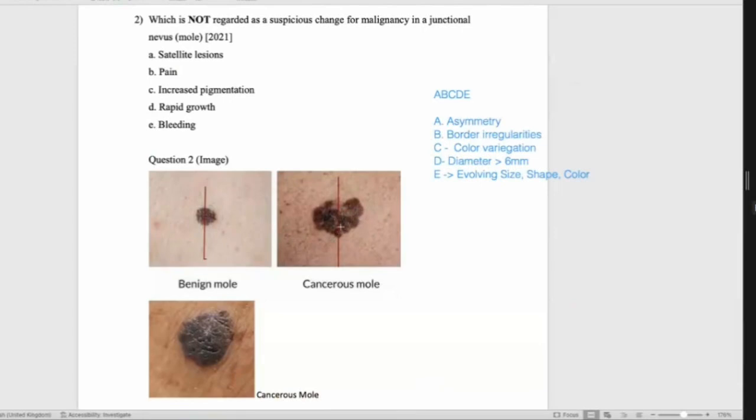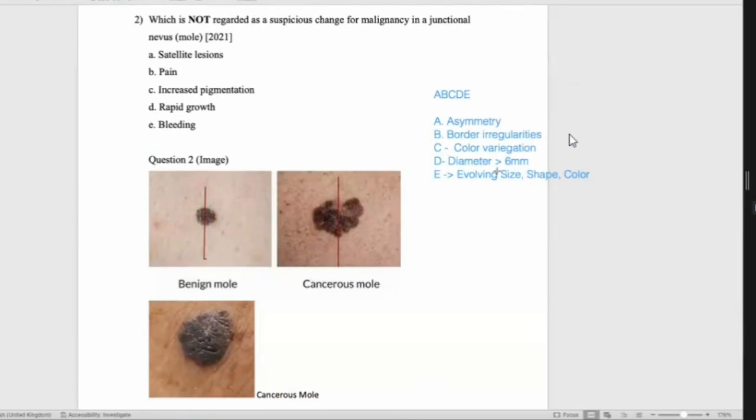I'm not sure if you guys can appreciate it, but on the right, the center is a bit darker. Then you have a little light patch over here, and then a little brown on the peripheries, right? So that's a difference in color versus the benign mole. It's just pretty uniform throughout. And then diameter, anything greater than 6 millimeters is likely a malignancy as well.